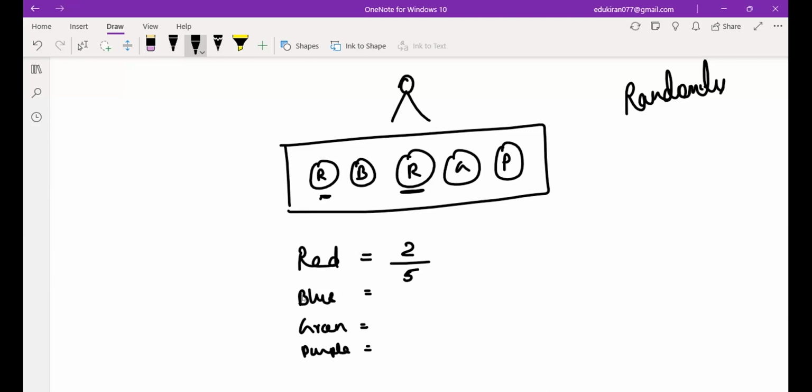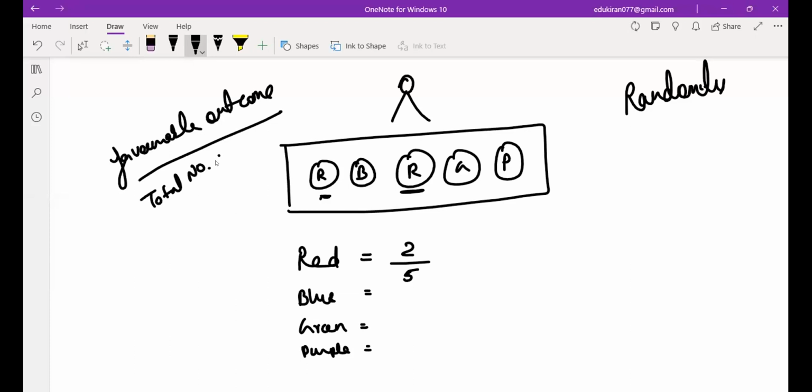So it is basically the favorable outcomes, like how many favorable outcomes can come, divided by the total number of outcomes. So how many red balls can come? Only 2 red balls can come, na? But how many total balls are there? 5. So it will be 2 by 5.